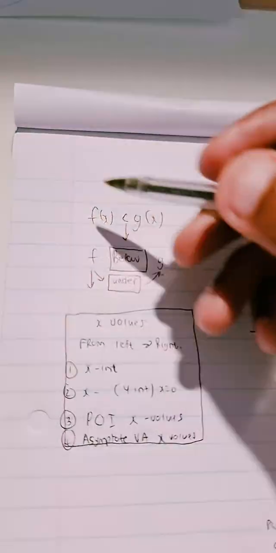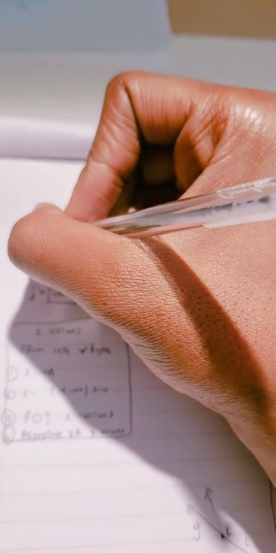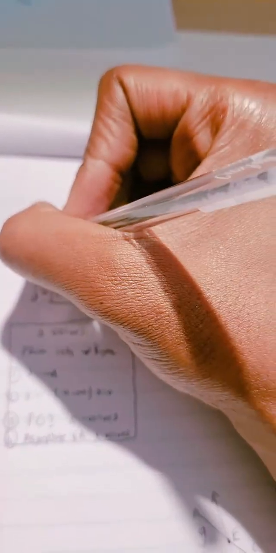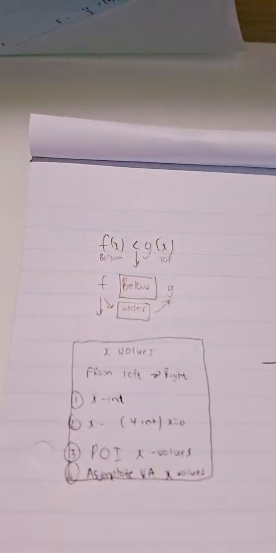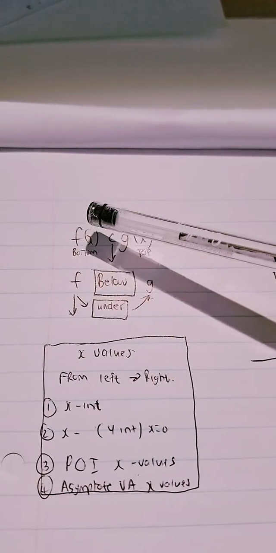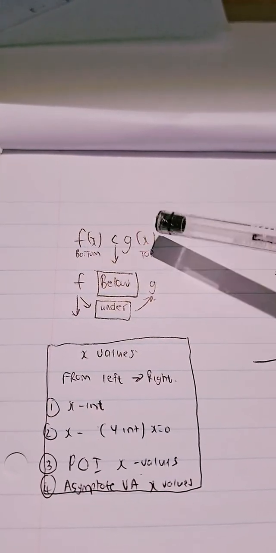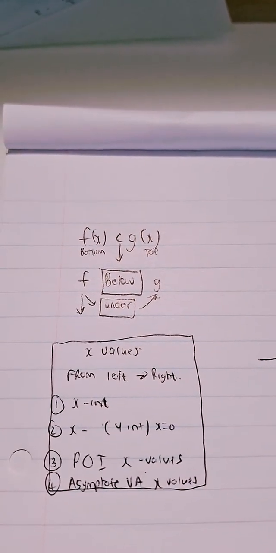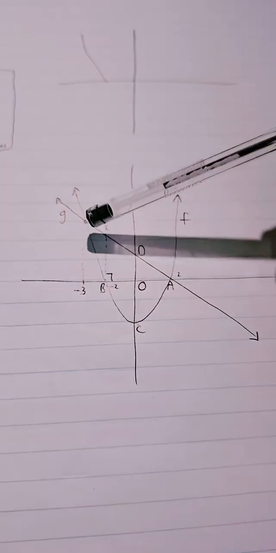When we say f is below g, we are saying f is at the bottom and g is at the top. So if we look at when x is less than -3, what's happening?